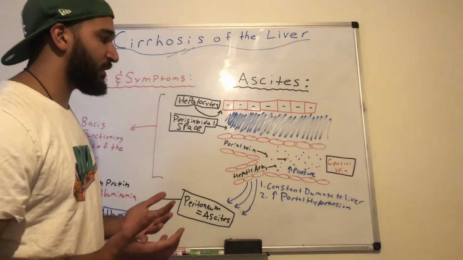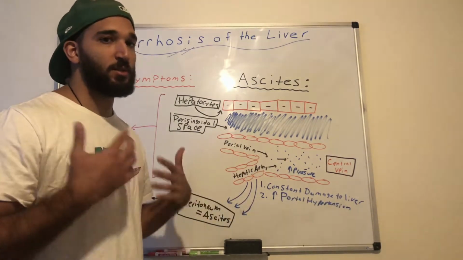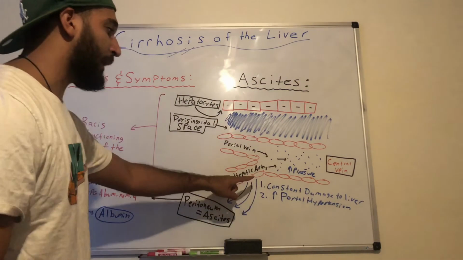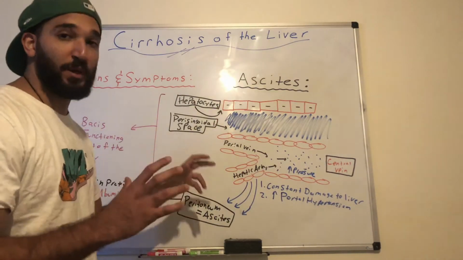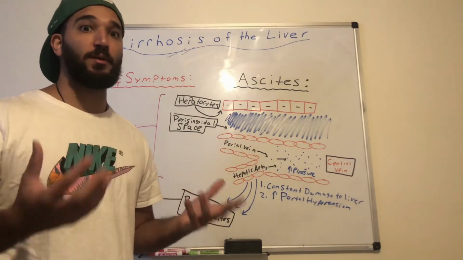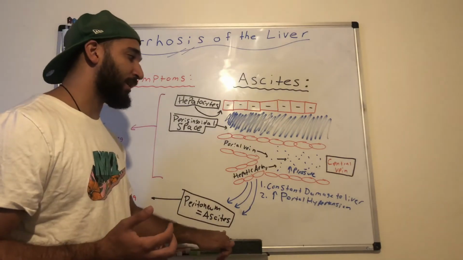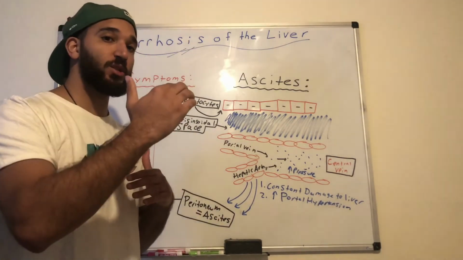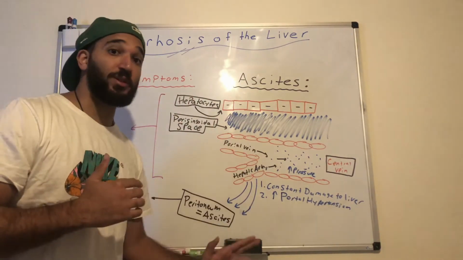With constant damage to the liver, pressure within the portal vein is going to increase, and all the fluid within that space is going to leak out and enter the third space, the peritoneum, which leads to ascites. This is due to increased portal hypertension.